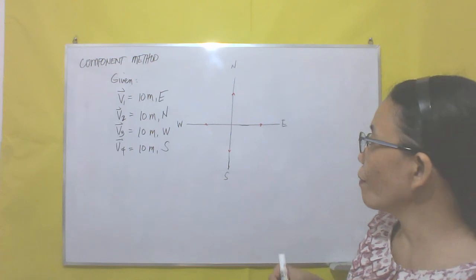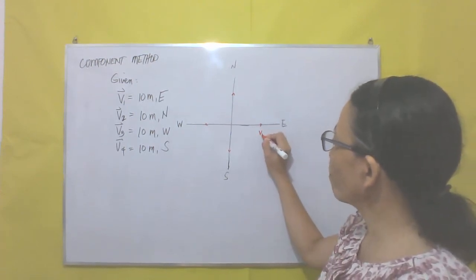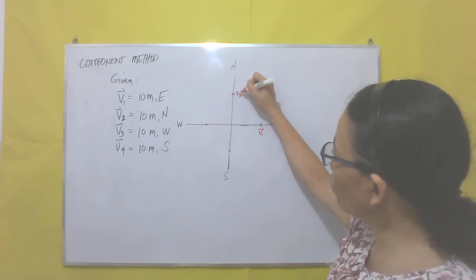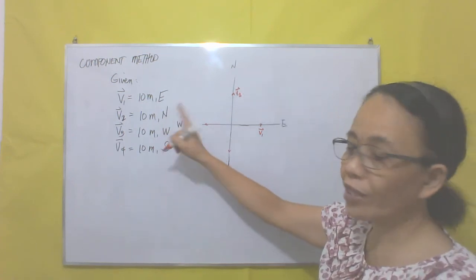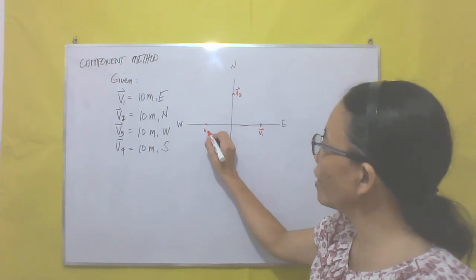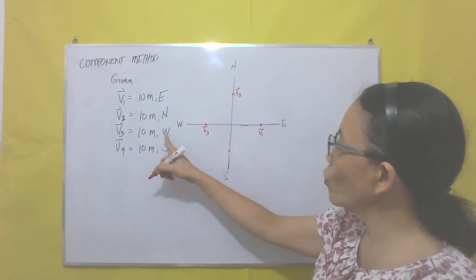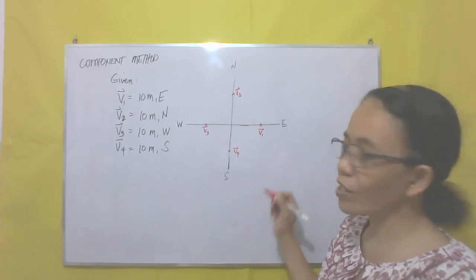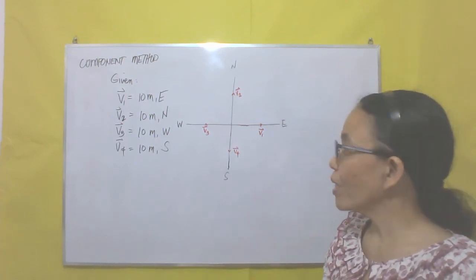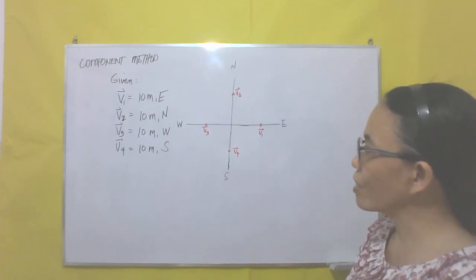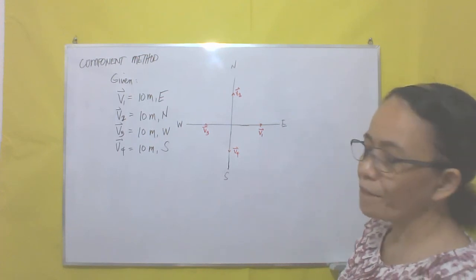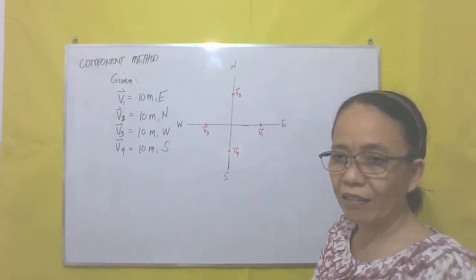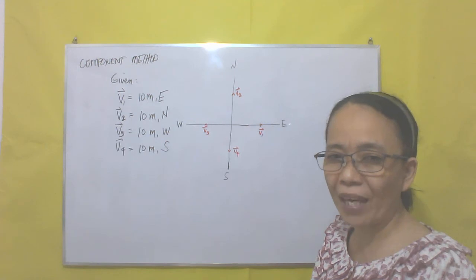So we have here our v1, which is 10 meters east, then v2, 10 meters north, then our v3, 10 meters west, then our v4, 10 meters south. If we take a look at this given vector diagram, this is perfectly the same as the Cartesian plane, as well as the points or the ordered pairs.